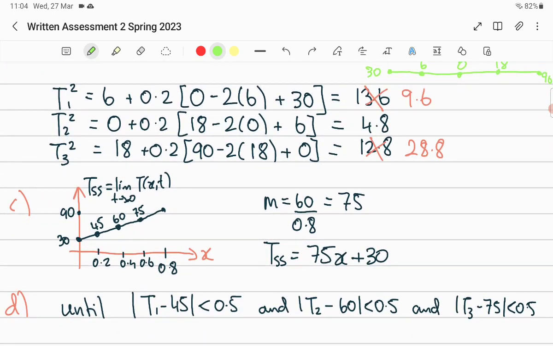It goes from 30 to 90, and it's y equal to mx plus c. So the rise over the run: you go from 30 to 90, the rise is 60, and the run is 0.8, so you get 75. We just found the m is 75, and the c is where it cuts the y-axis, which is 30, so you get 75x plus 30.